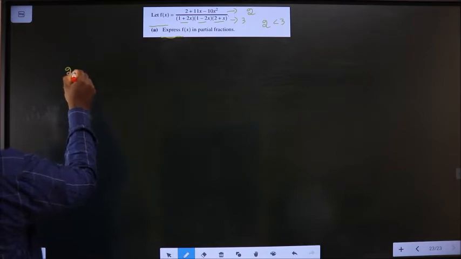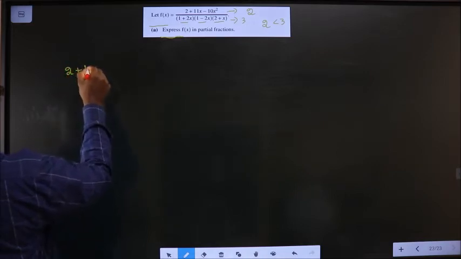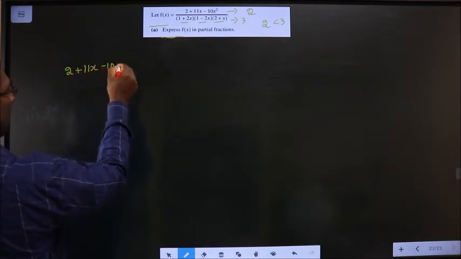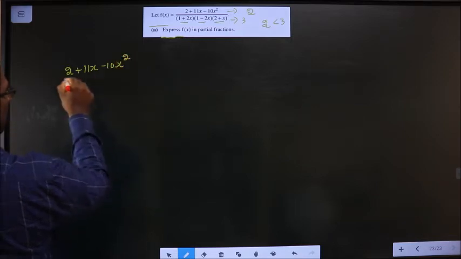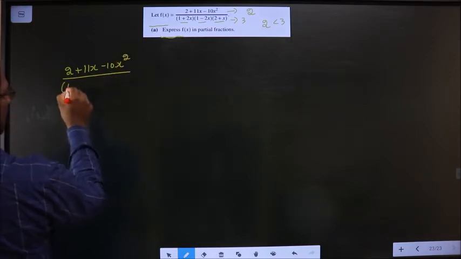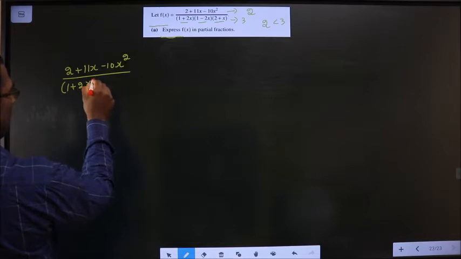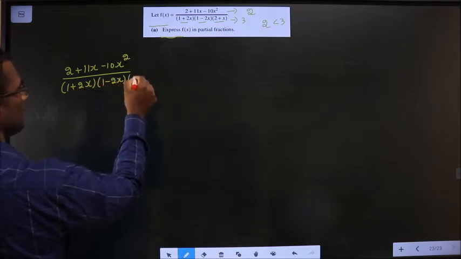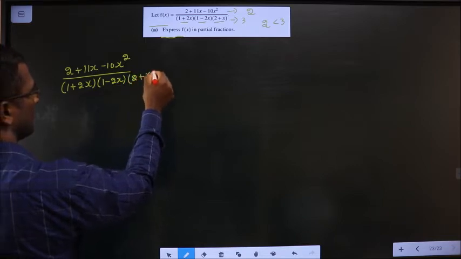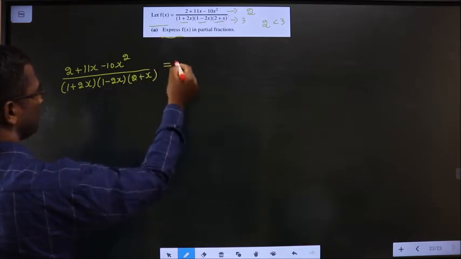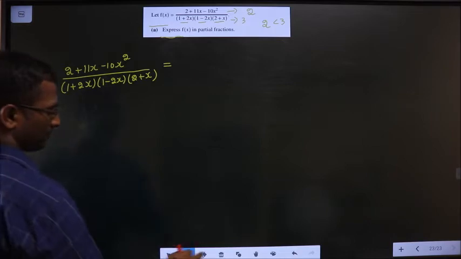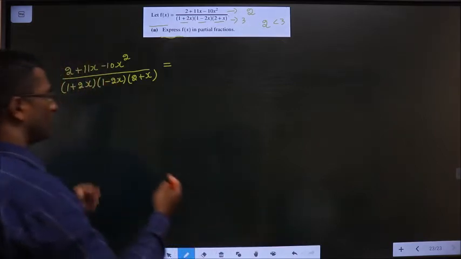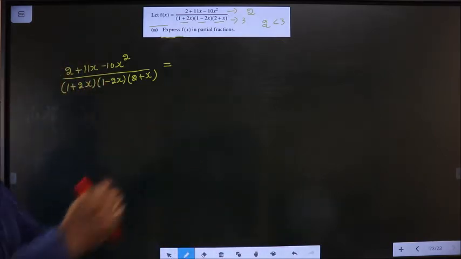Whatever is given, I write here: 2 plus 11x minus 10x square by 1 plus 2x times 1 minus 2x times 2 plus x. Now see here. How do I break this into partial fractions?